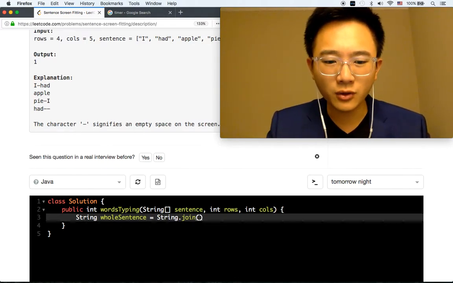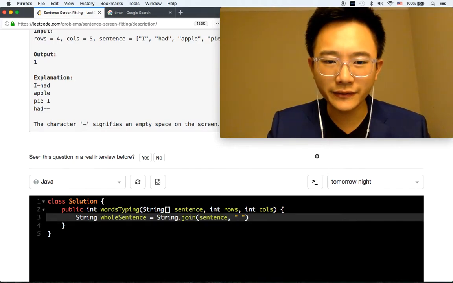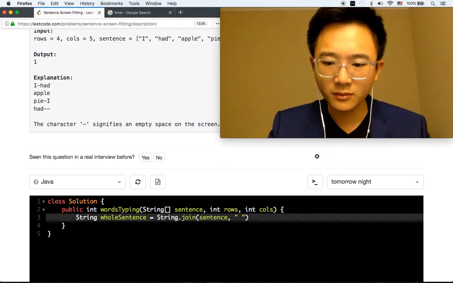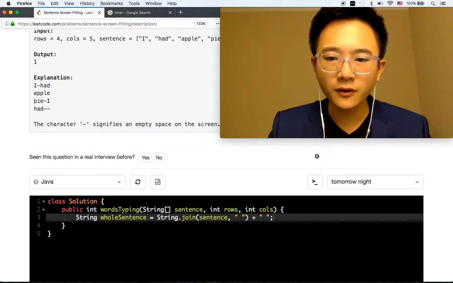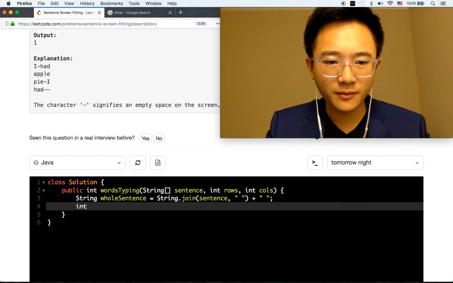I think this is the function where you can concatenate a list of strings, an array of strings. And we need the length, which is sentence length, equal to whole sentence dot length.